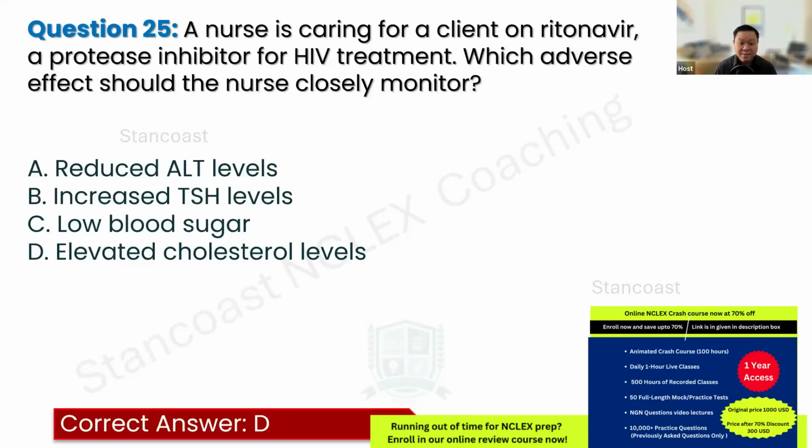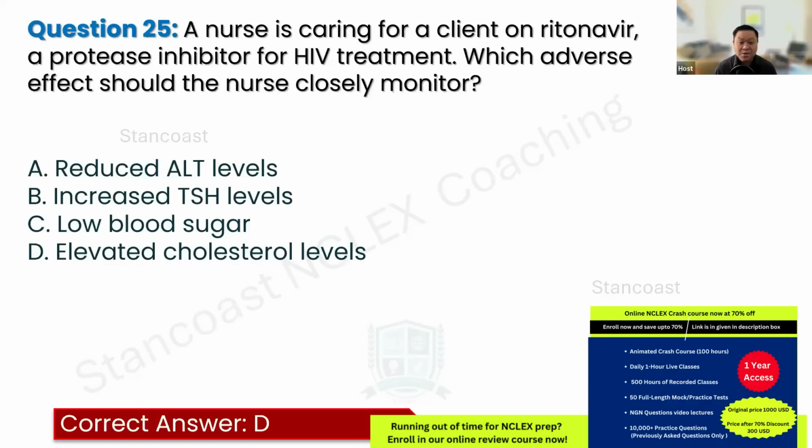The correct answer here is letter D, because ritonavir commonly causes increased cholesterol and triglyceride levels, requiring monitoring for hyperlipidemia. Now, letter A is incorrect. We know that ritonavir can raise ALT and AST levels. It does not reduce them. Letter B is also incorrect. Hyperthyroidism is unrelated to ritonavir use.